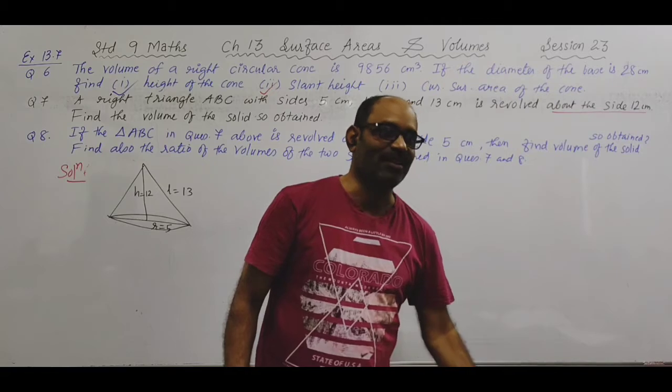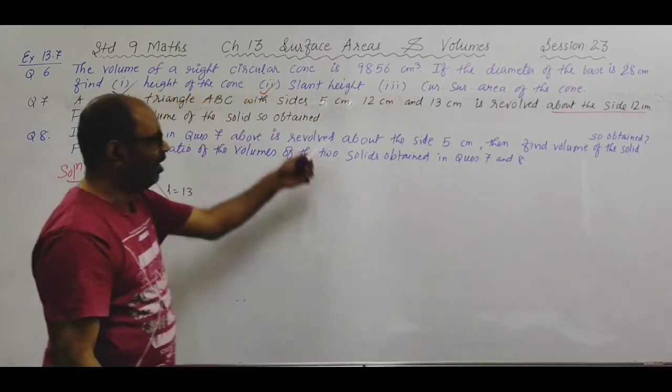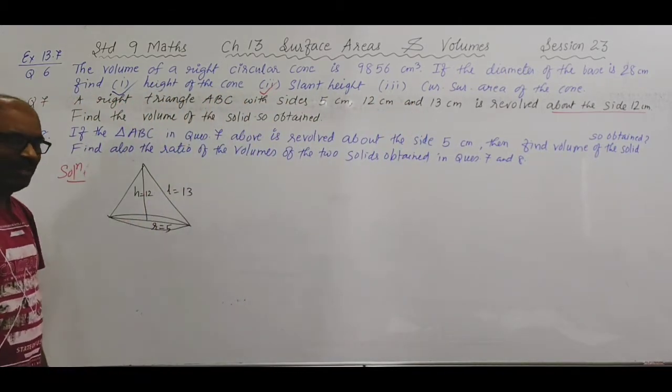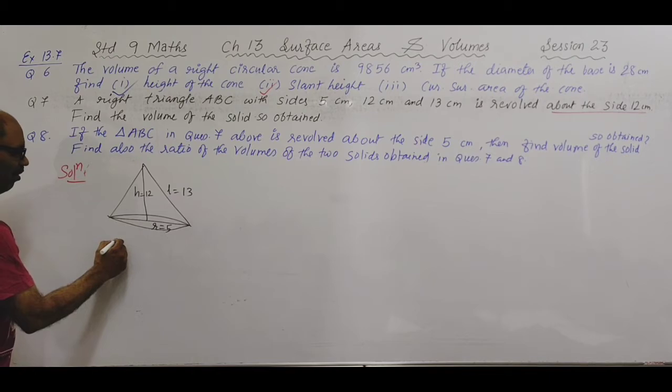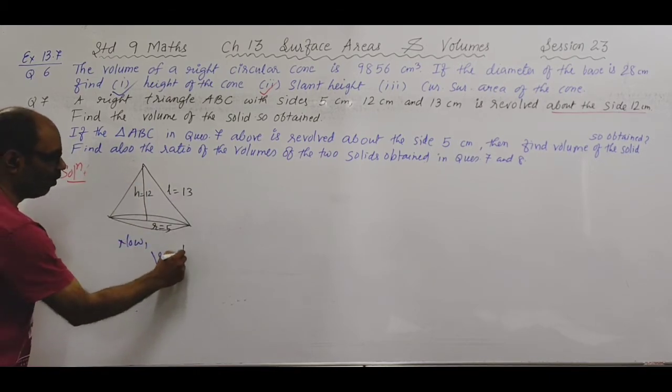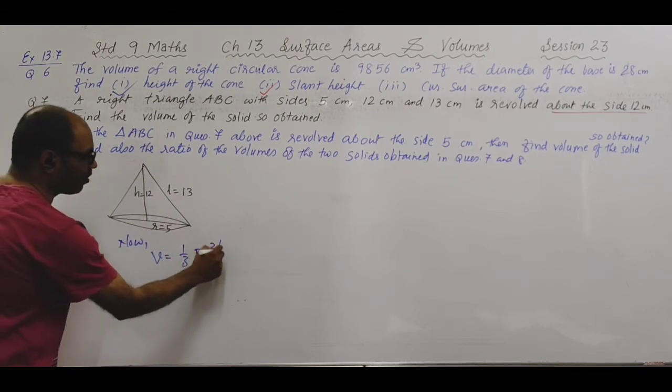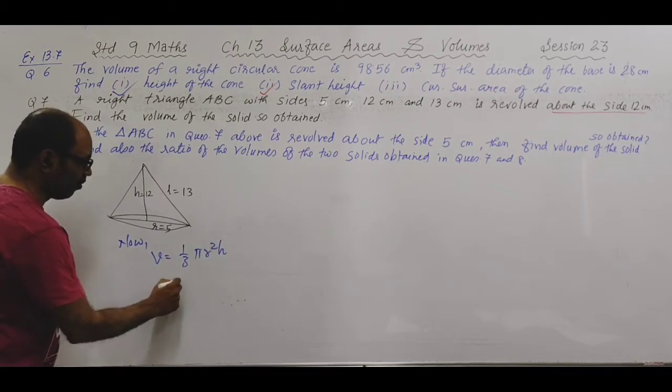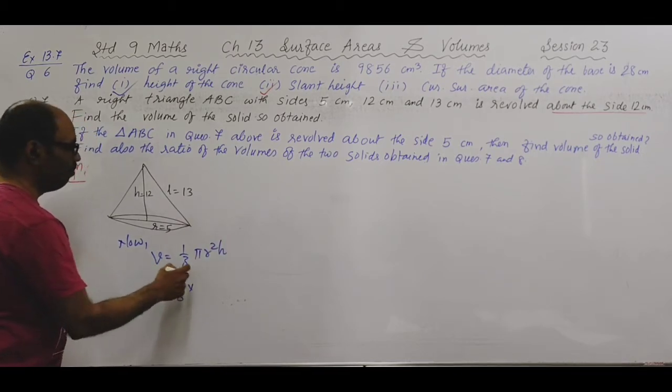Now what does it ask? Find the volume of the solid so obtained. Now volume is equal to 1/3 pi r square. That is equal to 1/3 pi.